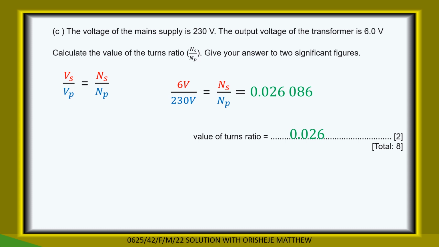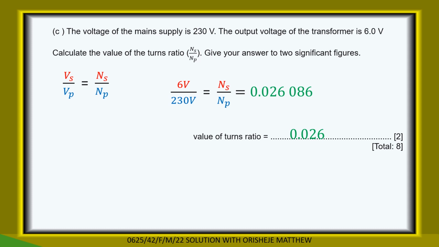If you divide that, it gives you the number of turns in the secondary coil to the number of turns in the primary coil. So that will give me 0.026. So that is the turn ratio.